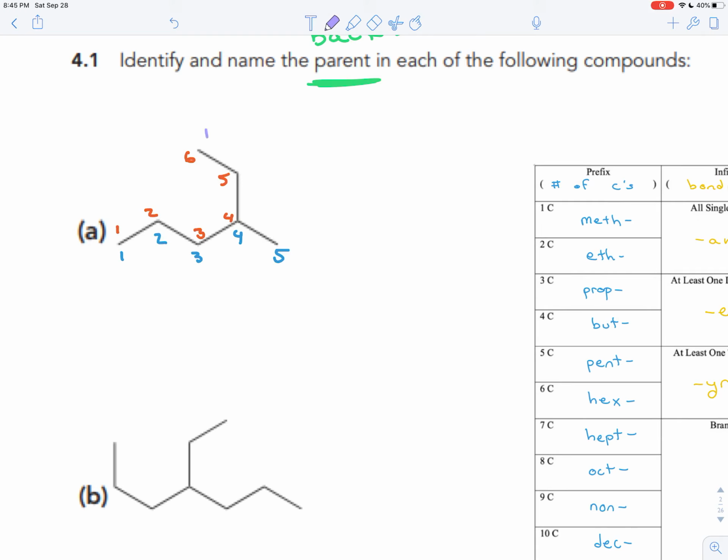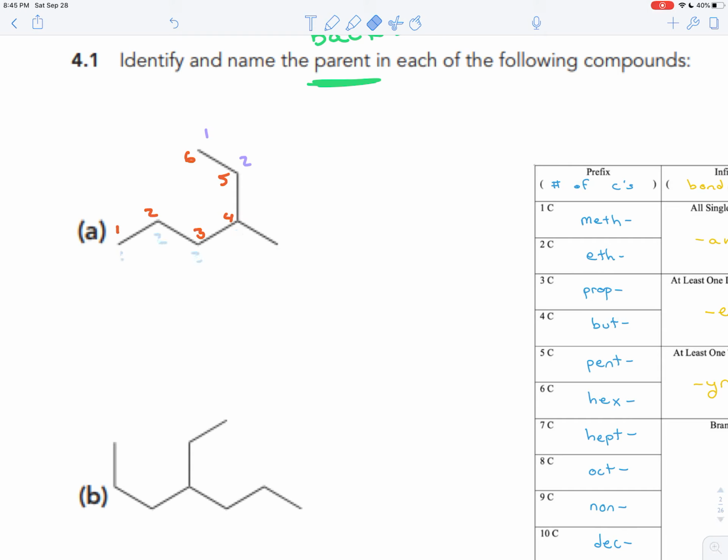I could start here, 1, 2, 3, and then go to the right, 4. So you see these different paths in this molecule. The one that's the longest, so the longest carbon chain you can find without going backwards or lifting up your pencil, that's the parent chain. And in this example, that's the orange numbered chain.